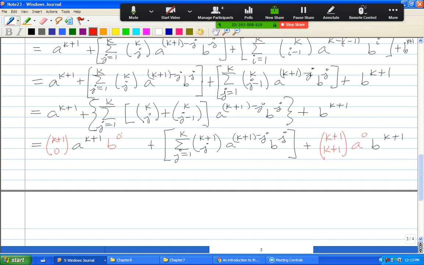So, putting those in there, I see that this is just the sum j equaling 0 to k+1 of (k+1) choose j, a to the k+1-j, b to the j.